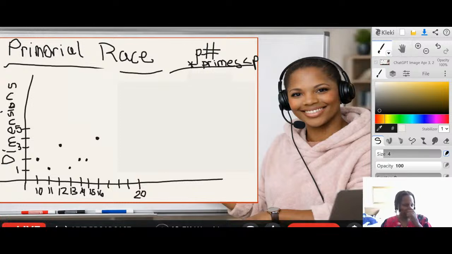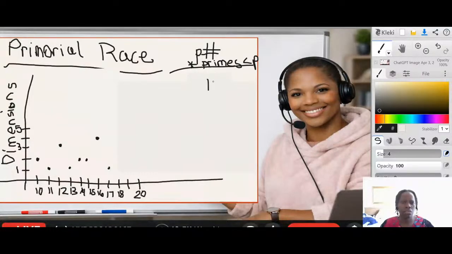So the next thing I should say is 17. 17 is a prime number, right? Since a prime number is down on level 1, and then 18 is the next number.